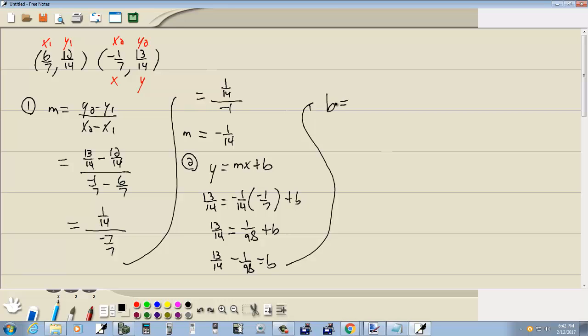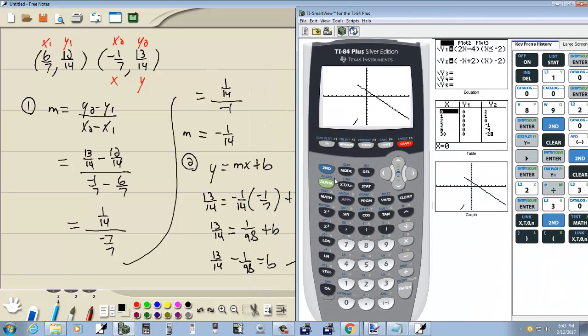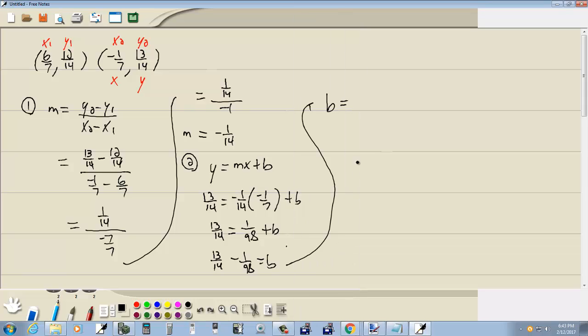Then we've got B is equal to 13/14 minus 1 over 98. Enter, and then math, enter, enter. 45/49.